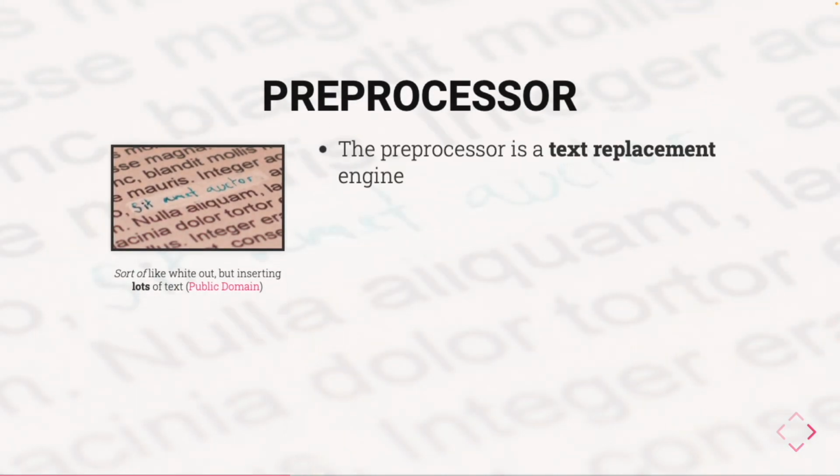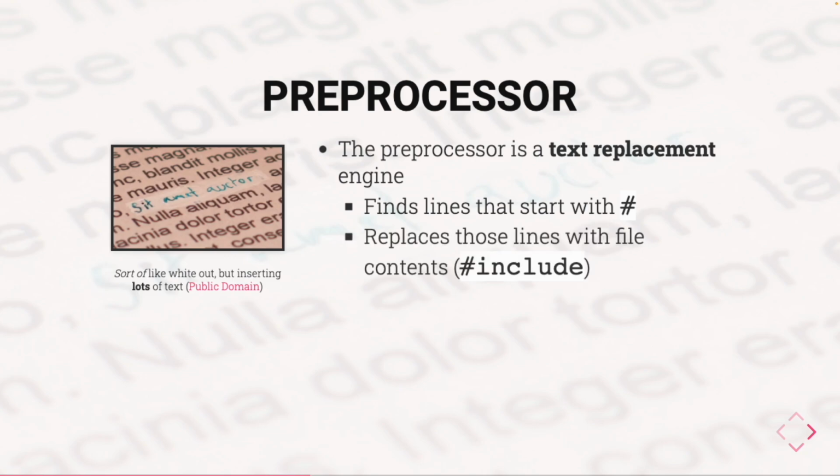Preprocessor. It's literally just a text replacement engine. It just does an automated find and replace on certain parts of your code. So it finds lines that start with the hashtag, such as #include or #define, and there are a bunch more known as preprocessor directives.